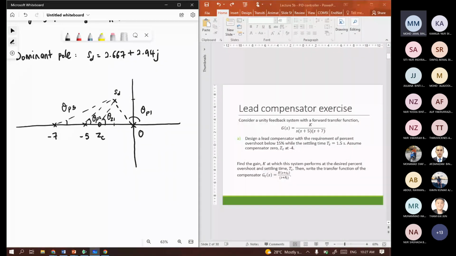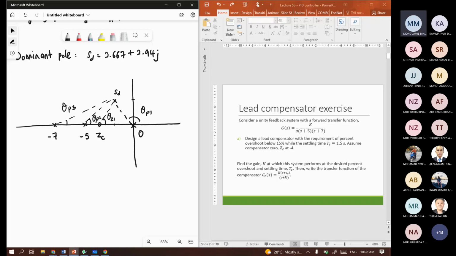So we need to find the angles theta P1, theta Z1, theta P2, theta P3, and then we sum up all of them together. Make sure they are 180 degrees. And then we know that this is a lead compensator.